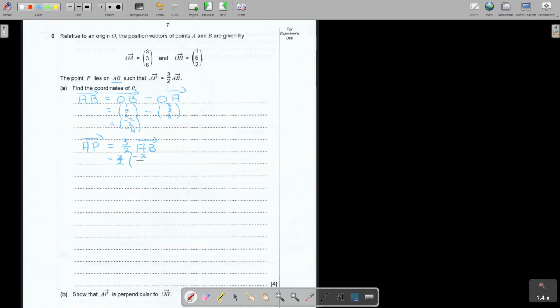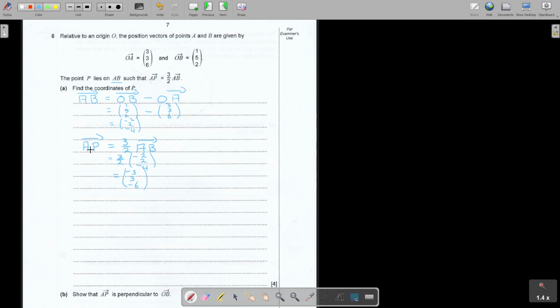So it's 2, negative 4, and if I multiply that in, this one times this, I'm going to get negative 3. This one times this, I'm going to get 3. And this one times this, I'm going to get negative 6. So this is my vector AP.